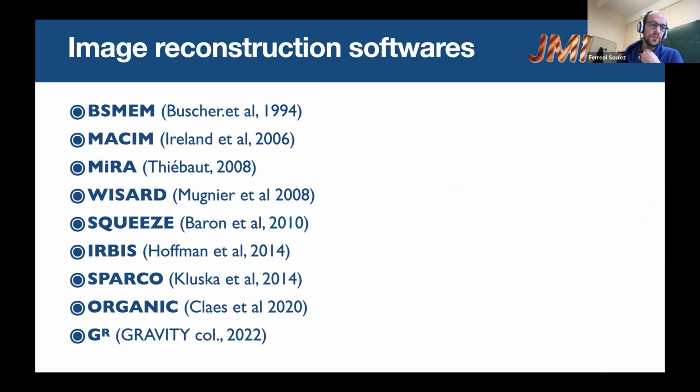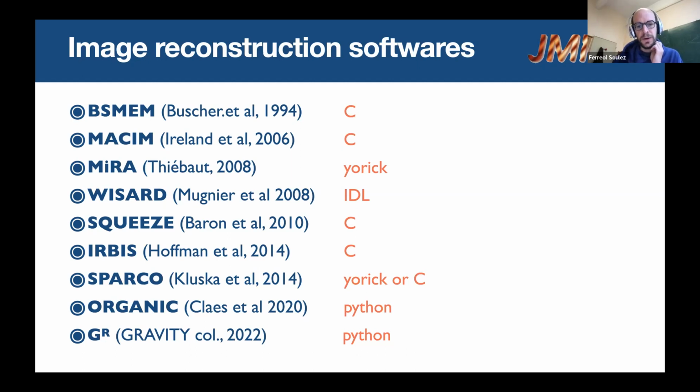Over the last few decades, a bunch of image reconstruction software has been proposed. I list some of them here. But if you want to try this software, you have to install it, and many of them are in different languages, like C, Yorick or Python.